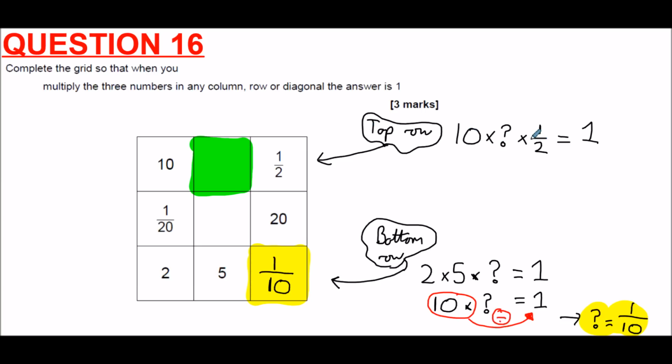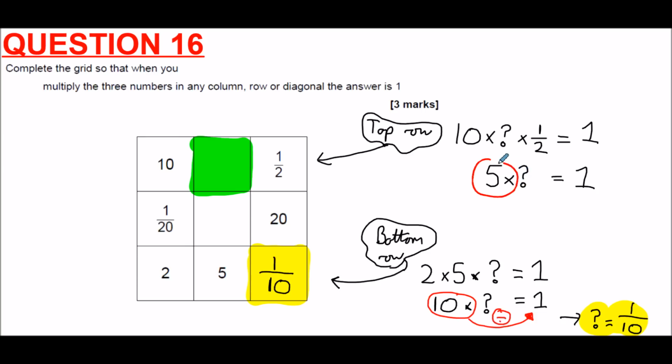So 10 times a half, or half times 10, you can think of as being half of 10, which should be 5. So just neatening this bit up, 10 times a half becomes 5. So 5 multiplied by the mystery number would give us 1. Now in the same way as the bottom row, we need to find what the question mark is on its own.